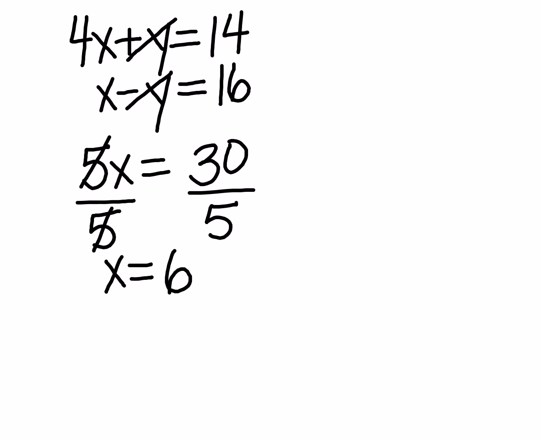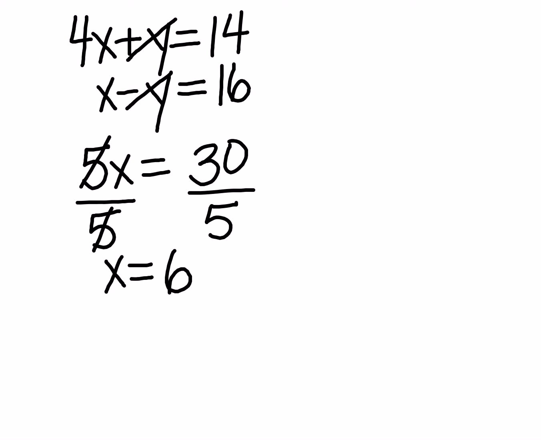We need to now solve for y. To solve for y, I want to plug 6 into x. I want to pick one of my original equations to find my y. So I can either use the 4x plus y equals 14, or I can use x minus y equals 16.